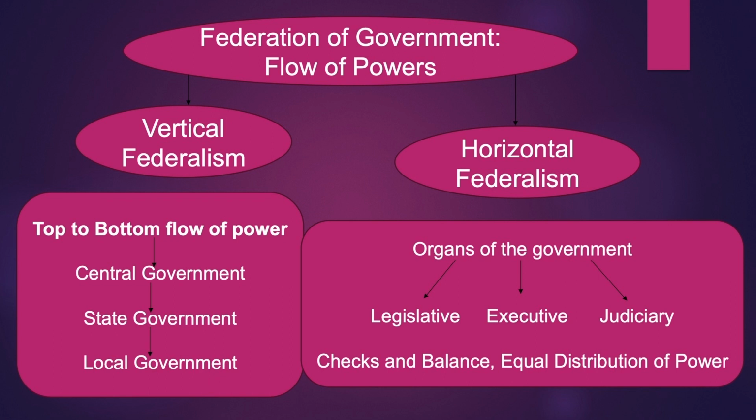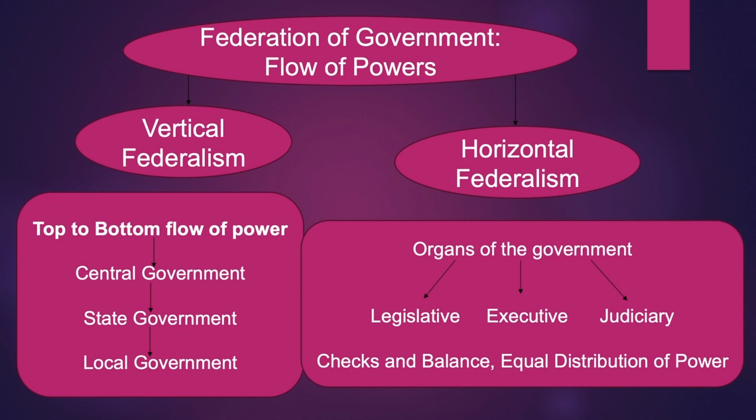In vertical federalism, the power is divided from top to bottom, wherein the highest power is the central government, then comes the state government, and then comes the regional or local government. On the other hand, the horizontal form of federalism divides along the sleeping line, that is, the legislature, the executive and the judiciary. Why do we consider it horizontal federalism?